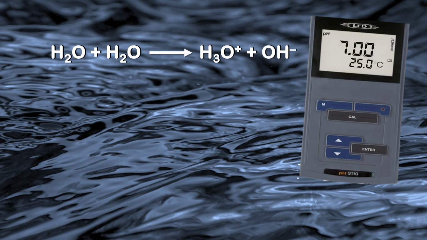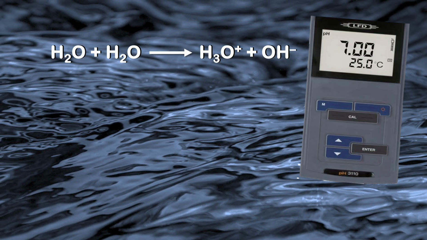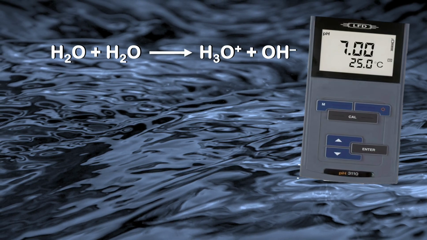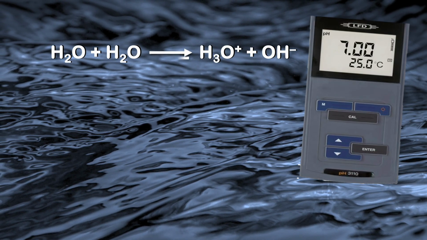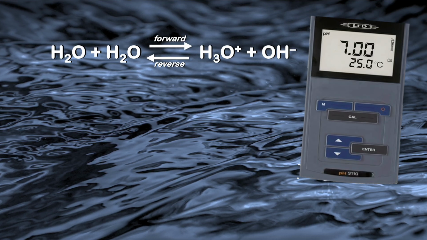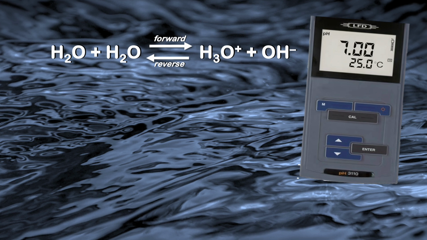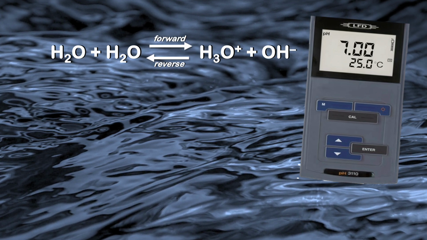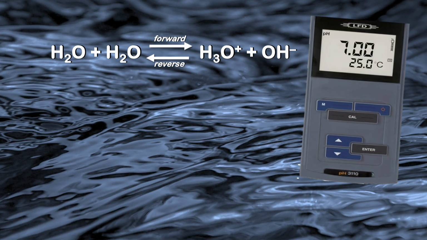In reversible reactions, like water forming hydronium and hydroxyl ions, the forward reaction never stops. Instead, the reverse reaction also takes place, where hydronium and hydroxyl ions recombine to form water molecules. In all reversible reactions, there is always a particular concentration of products where the reverse reaction rate exactly equals the forward reaction rate.